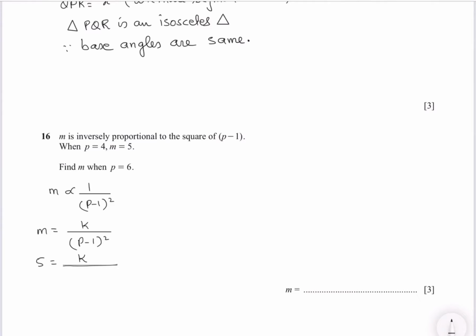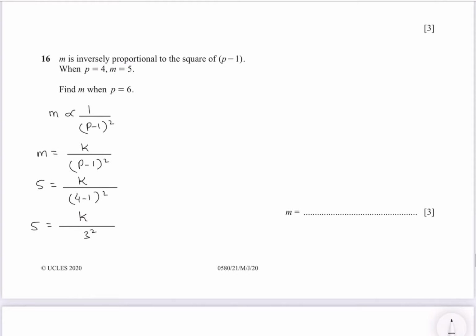So place the values given, the value of M and the value of P. Now find out K. So your K would be 45. Place the value of K back in the formula.